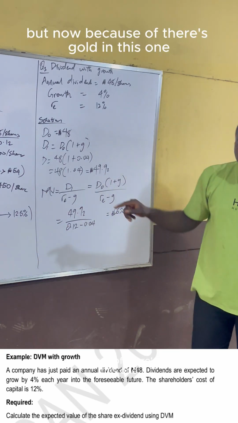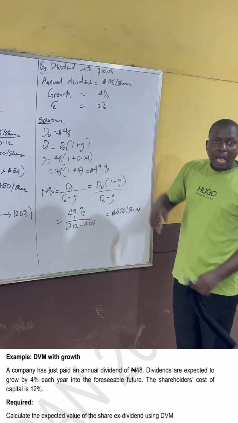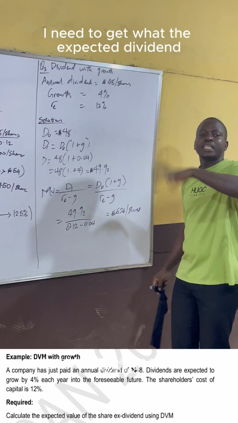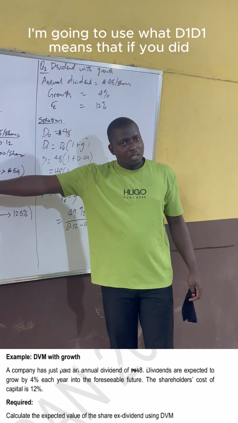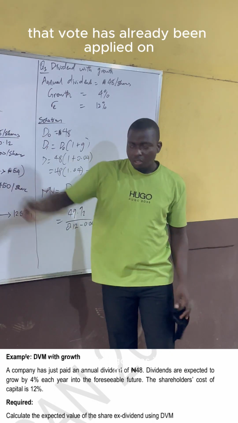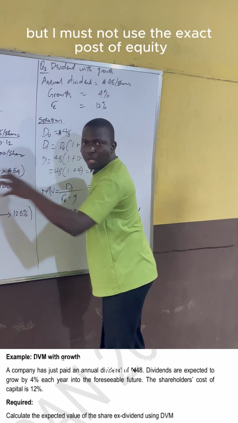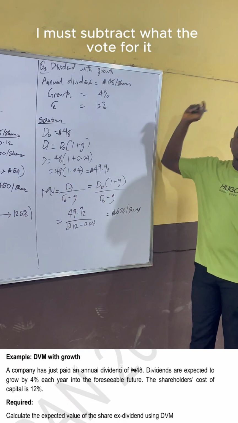But because there's growth in this question, I need to get the expected dividend. So I'm not going to use D naught again, I'm going to use D1. D1 means the dividend that growth has already been applied on. And this is my cost of equity too. I must not use the exact cost of equity. I must subtract the growth from it.